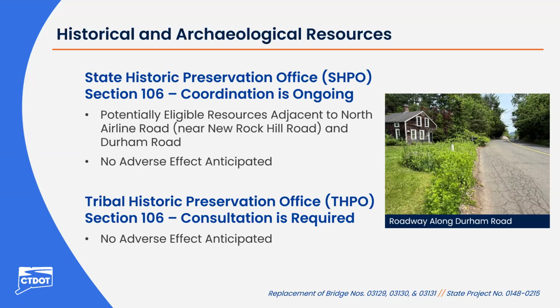Section 106 coordination is ongoing with the Connecticut State Historic Preservation Office, and no adverse effects are anticipated. Further, Section 106 consultation is required and ongoing with the Tribal Historic Preservation Office, and no adverse effects are anticipated.